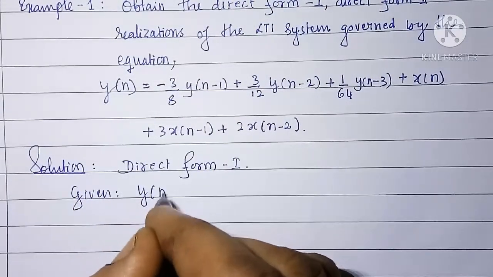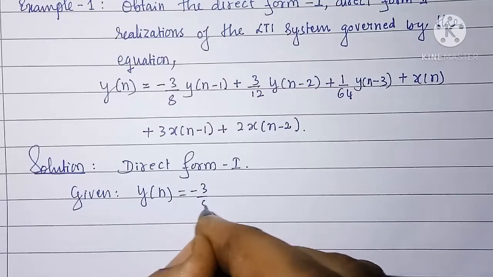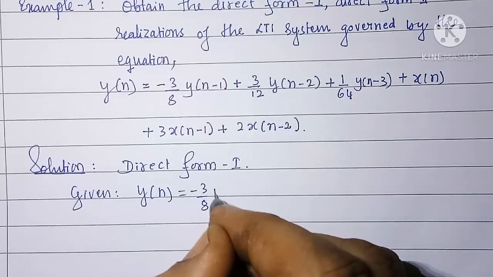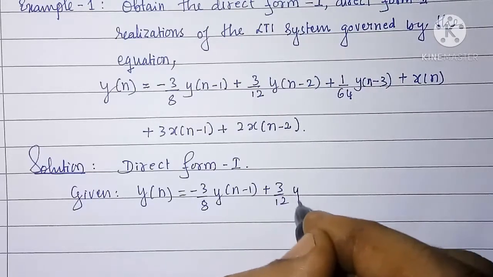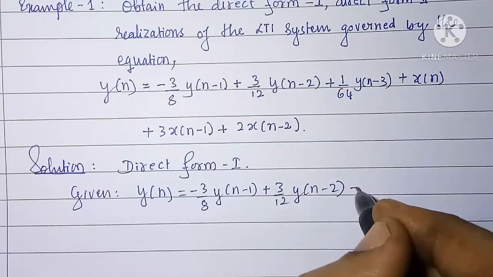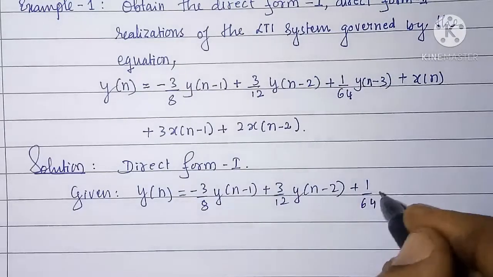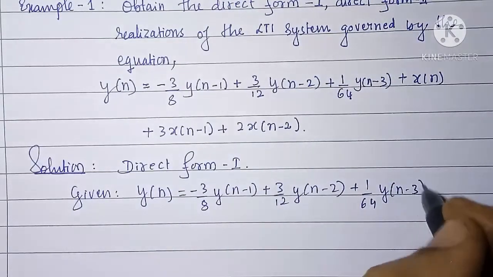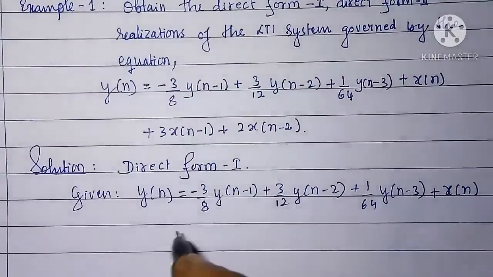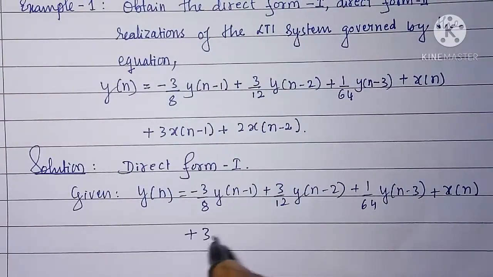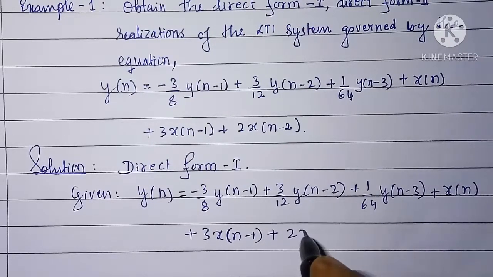Given y of n equal to minus 3 by 8 y of n minus 1 plus 3 by 12 y of n minus 2 plus 1 by 64 y of n minus 3 plus x of n plus 3 into x of n minus 1 plus 2 into x of n minus 2.